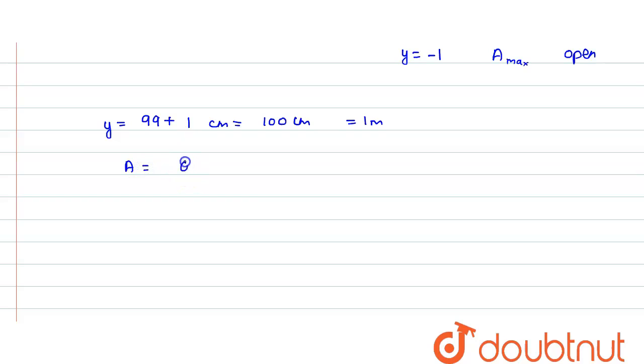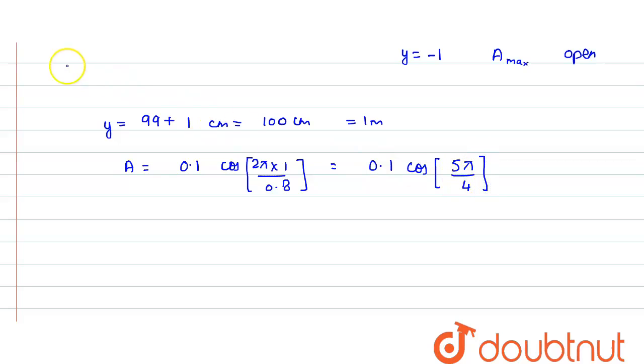Amplitude would be equal to 0.1 cos 2 pi into 1 divided by 0.8. Now this would turn out to be 0.1 into cos 5 pi by 4. Sorry, it is not 5 pi by 4, but 5 pi by 2.